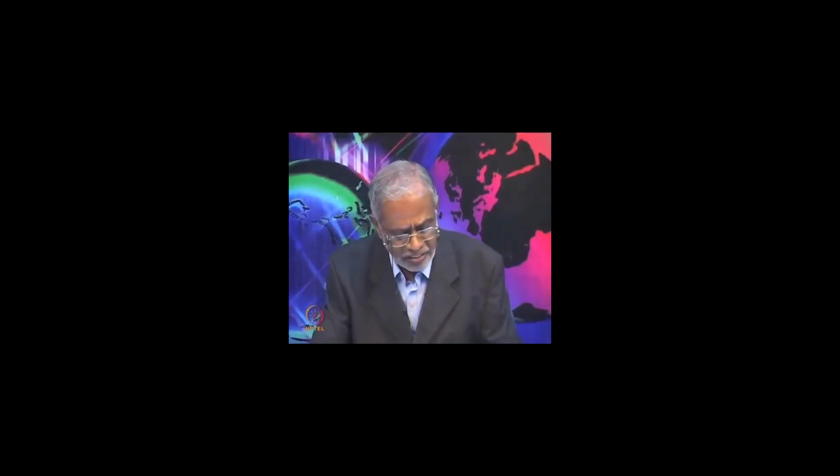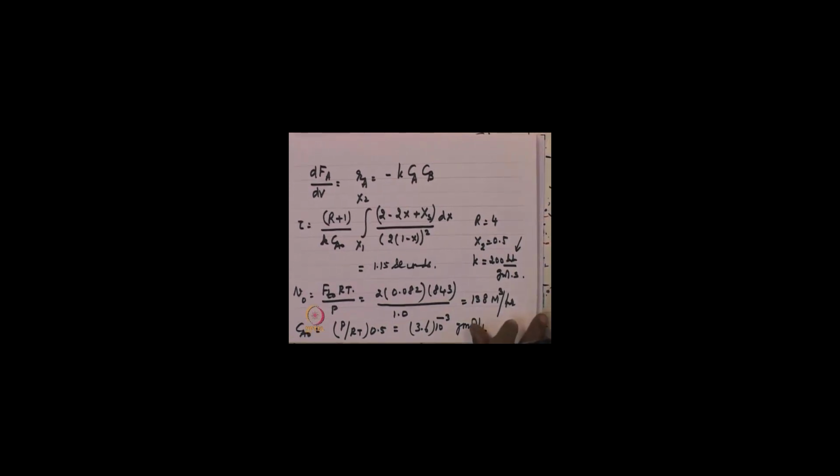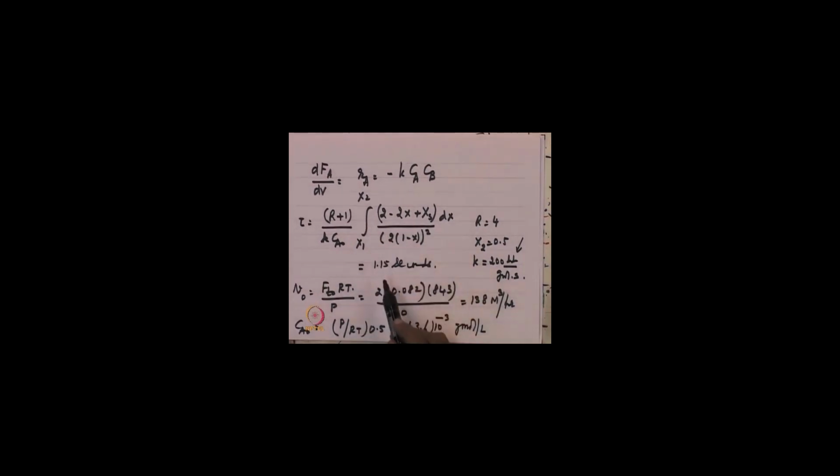We have done this; I am doing this again just to bring to your attention an important feature. We can find the residence time: the volumetric flow rate at the inlet is 138 cubic meters, and the concentration at the inlet is 3.6 times 10 to the minus 3. If the reaction rate constant is 200 liters per gram mole second, then based on this calculation the residence time is 1.15 seconds.